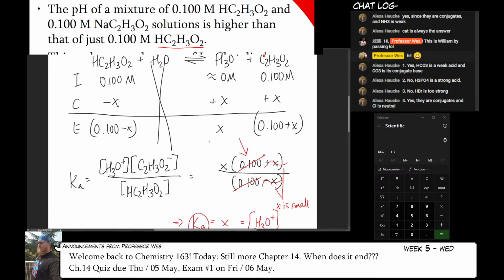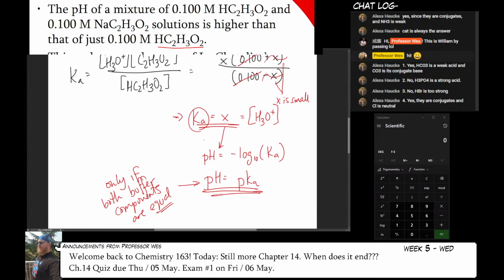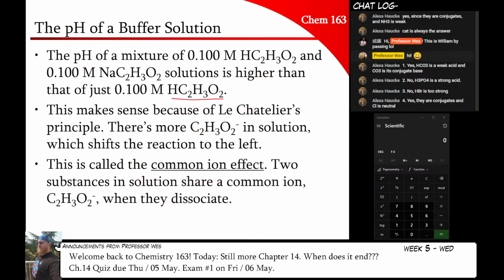So we're going to use this type of relationship between the weak base and the weak acid to create a formula in just a little bit. That's going to save us from having to do ice tables for buffers because we just reduce it. All right.